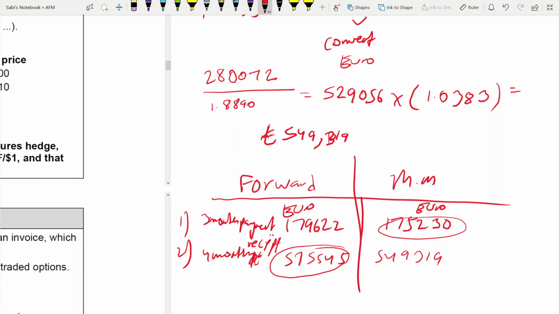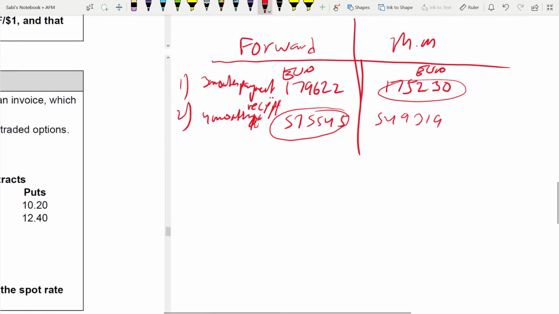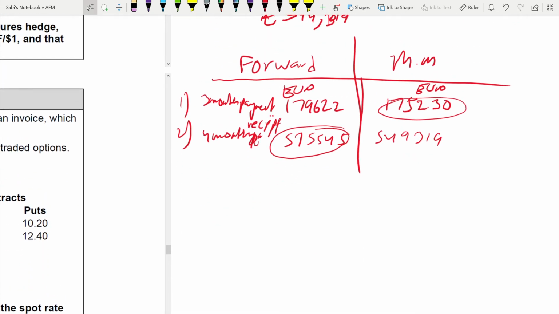If I have to select, I would select forward over money market hedging. Definitely there are other things you have to give other than lower and higher, but I'm not going into that detail. Let me justify why I'm selecting forward. The difference between forward and money market hedge for the 3 month payment is only around 4,000 something.